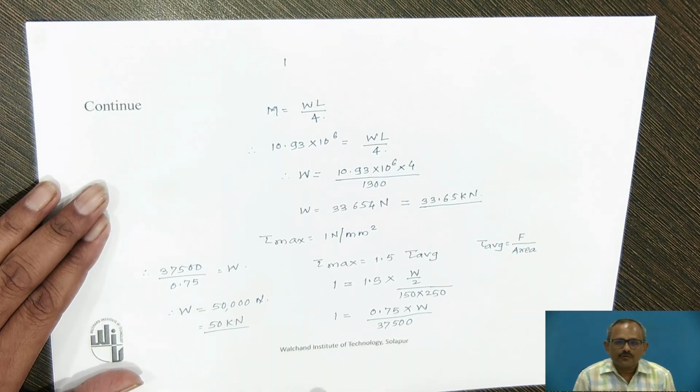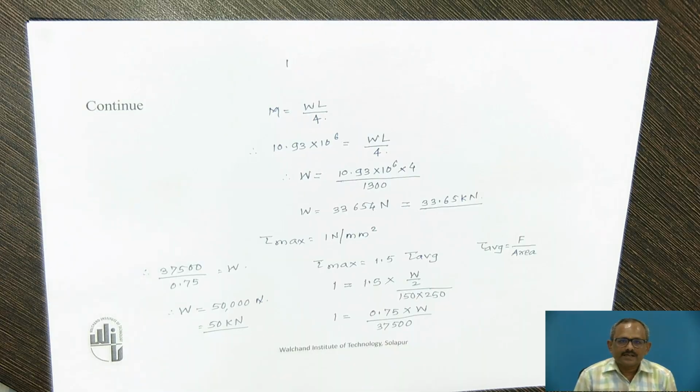So we have obtained the safe values of point load: by using the bending stress equation, 33.65 kilonewton, and by using shear stress consideration, 50 kilonewton.